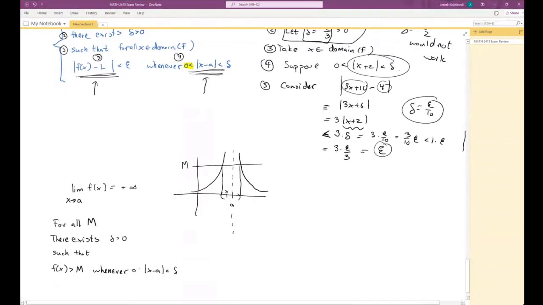Right? So delta close, and it's a limit. We don't care what happens when x is a.